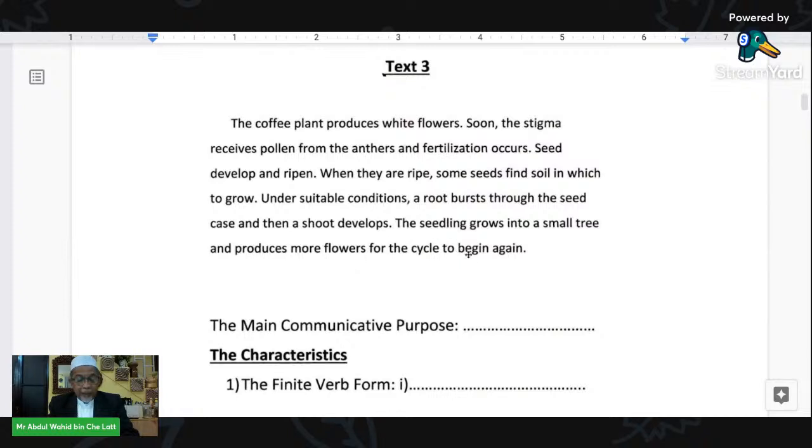Okay, the text is generally describing the life cycle of a coffee plant. Since it is a process that happens naturally, we call it a description natural process.